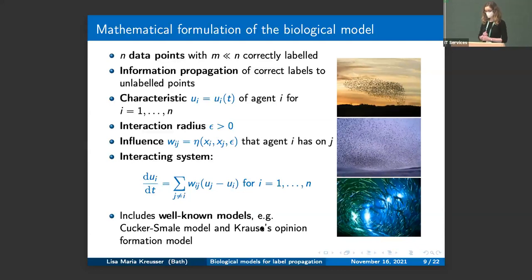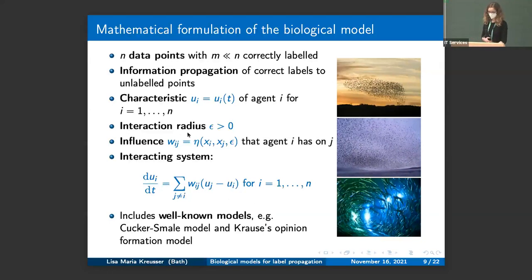We also introduce an interaction radius epsilon and an influence function w_ij, which can be regarded as some weights depending on certain positions x_i, x_j, and the interaction radius epsilon, with the idea that if two points are not really related to each other, then the associated weight should be rather small.